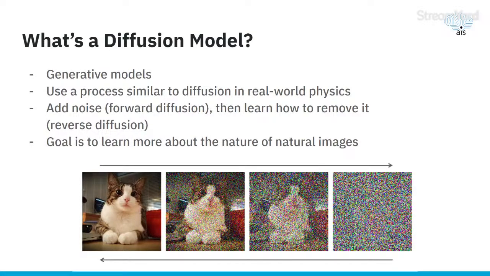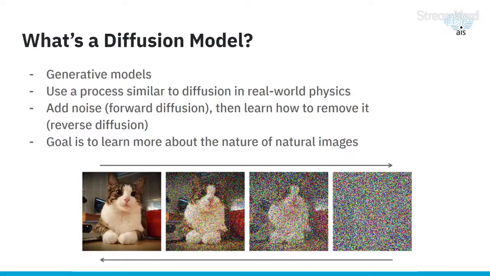What's a diffusion model, instead of being specific to stable diffusion? They're part of a group of models called generative models. As is alluded to by the name, they generate a larger quantity of data based on something they get. If you are generating a picture, that's a generative model.